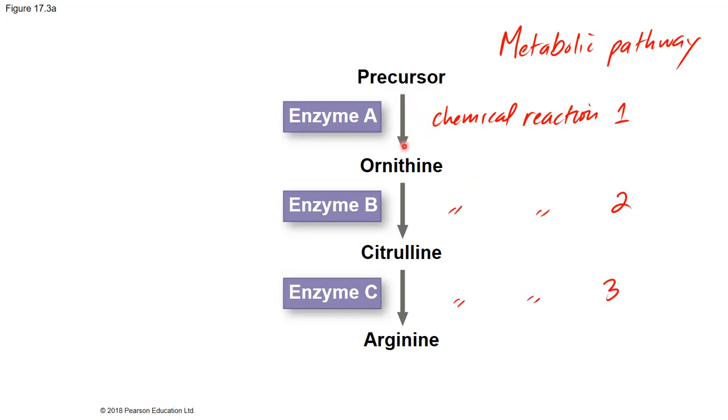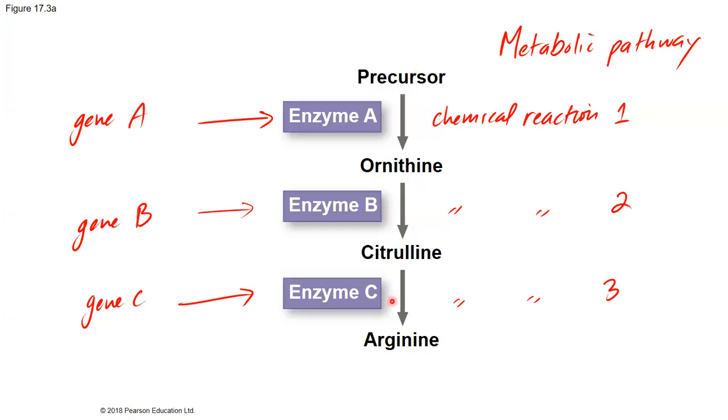So as you can see, 3 chemical reactions constitute a metabolic pathway. Now, each one of these chemical reactions is catalyzed by an enzyme, and each one of these enzymes is encoded by one or more genes. Let's call them gene A, gene B, and gene C.